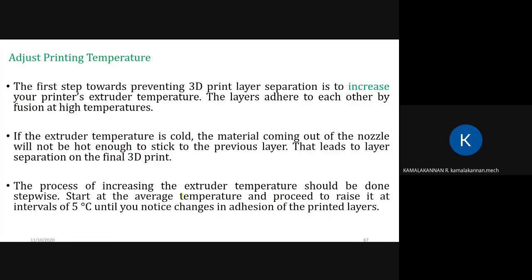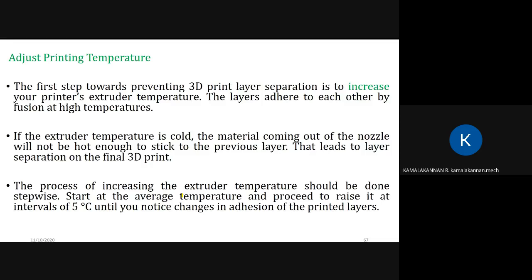There will be a change in material, a change in product, a change in design. There will be a change in printing, because an ordinary product can be printed vertically and also horizontally. So these adjustments are necessary. What is the need of adjusting the temperature?